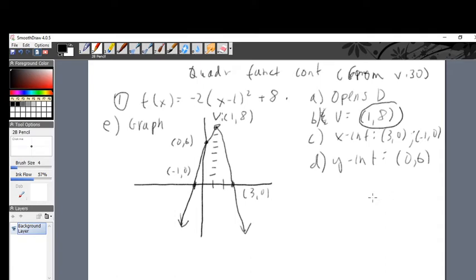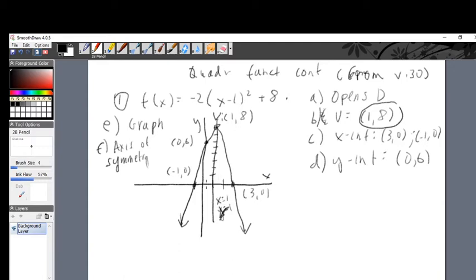What was the F question? The F question was the axis of symmetry. Here's the axis of symmetry. It's the line that goes right down through the vertex, parallel to the y-axis. It's not y equals 1, I'm sorry, it's x equals 1.